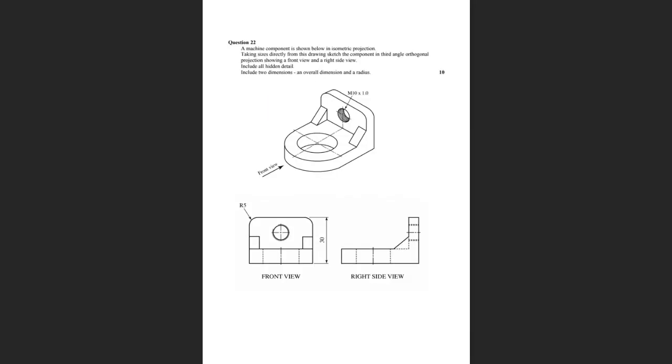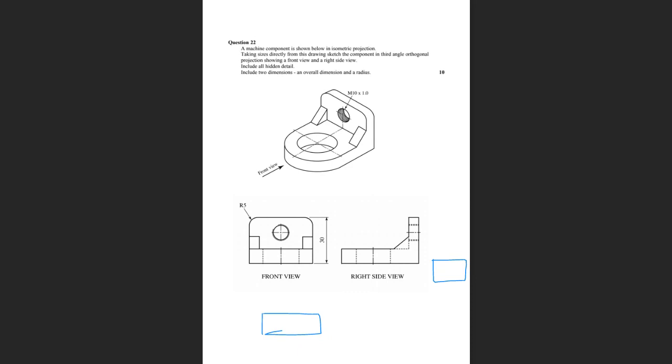Now finally, question 22 is a graphics question, and it was pretty well done, but there were some major errors with some people still not understanding what projection is. Look, some of you are putting the front view here, and then you're putting the right side view up here, and you can't do that because these are projections on mathematical planes.